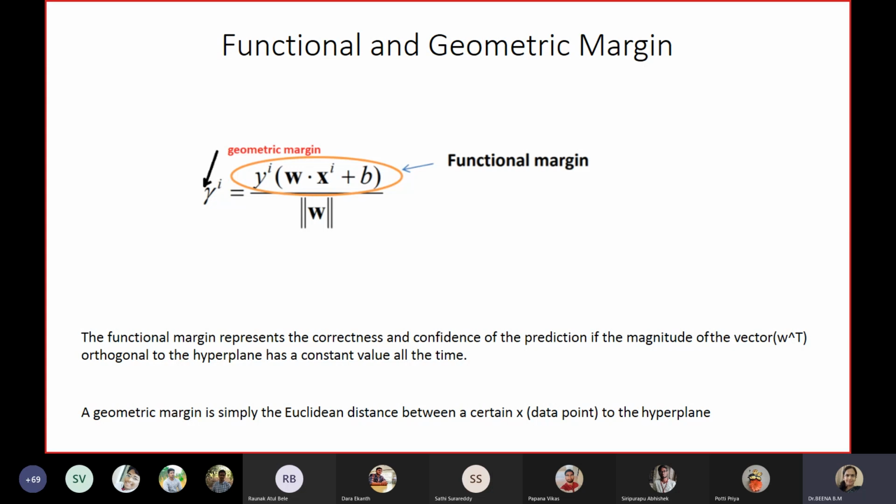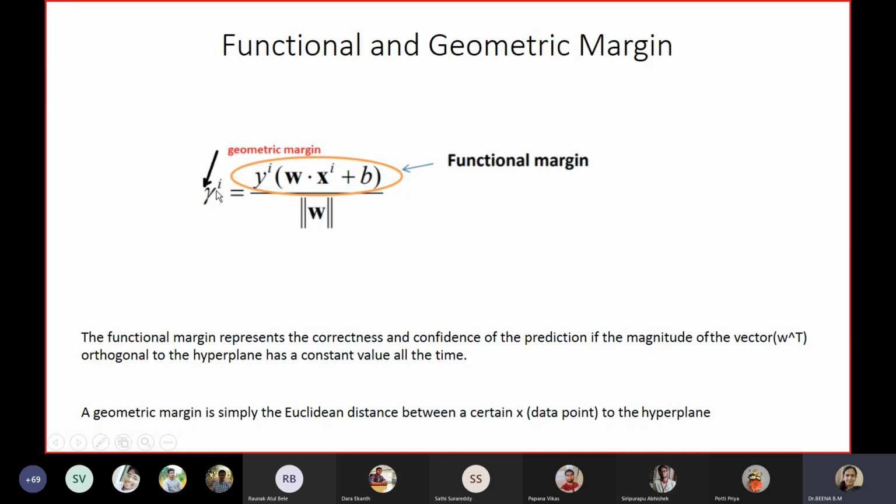It is a parameter that shows the geometric margin. It defines how far the influence of a single training example i reaches.